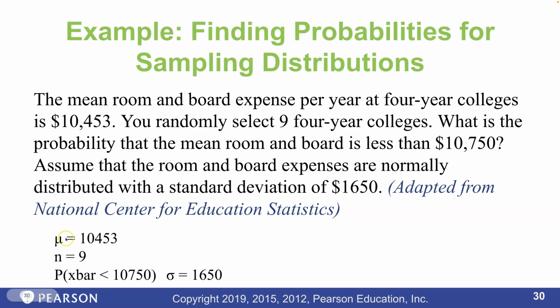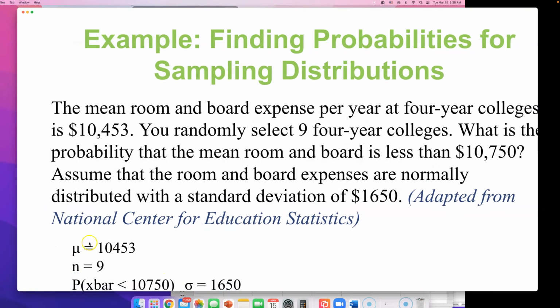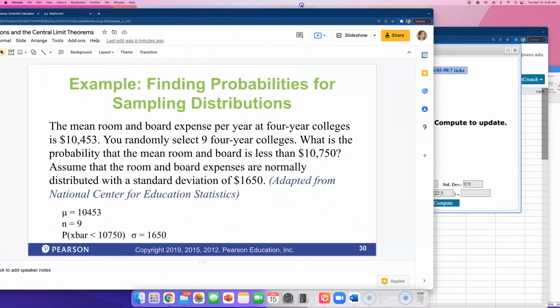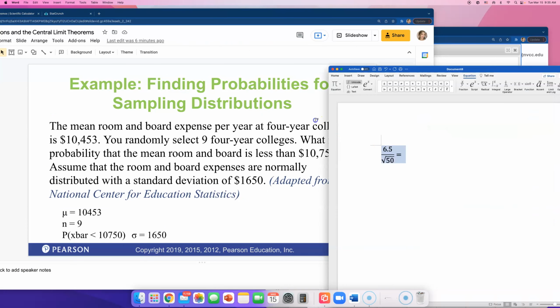Okay, so I think down here I just noted everything, but let me go ahead and open up a Word doc so that I can just type up everything for you. First, starting with the mean that we're going to use. Remember, the mean is equal to the population mean, so that was 10,453. But the standard deviation, or standard error as I will call it, is not going to be 1650.